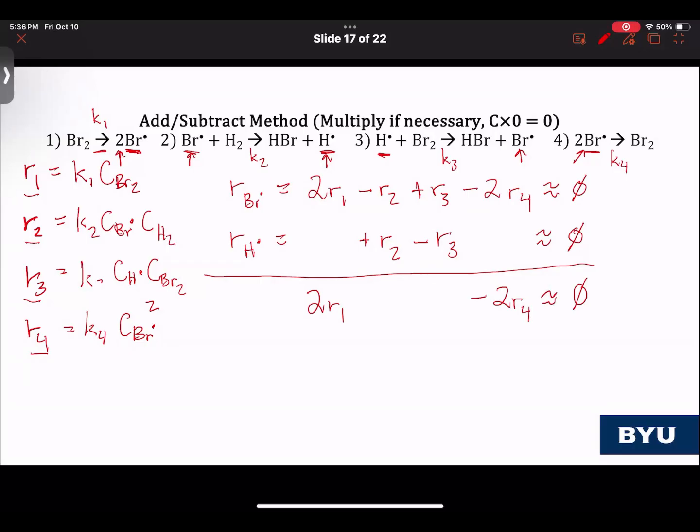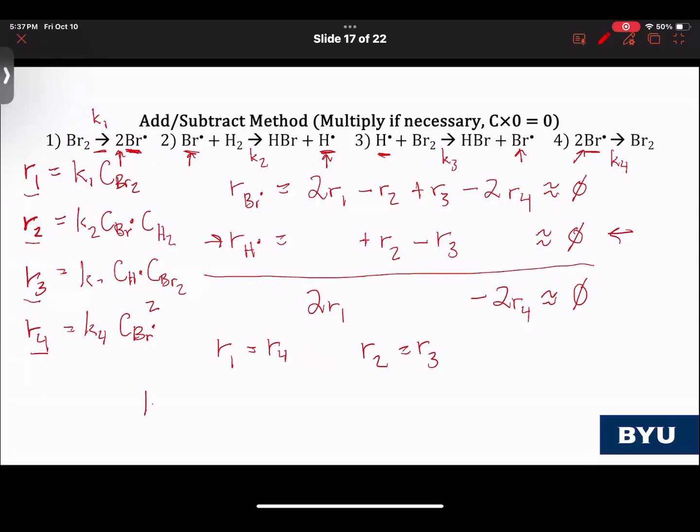And so what does that mean? Well, R1 equals R4. Furthermore, we also know from the expression up here that R2 equals R3. Now we've shortcutted a lot of algebra, which you'll see later on.